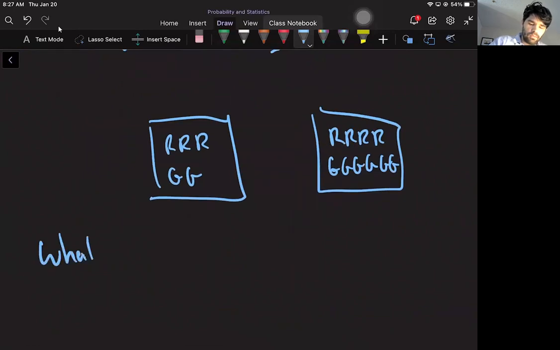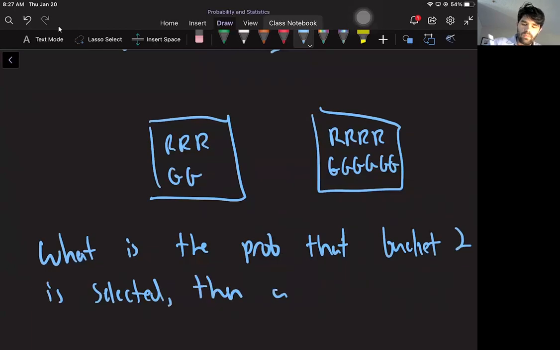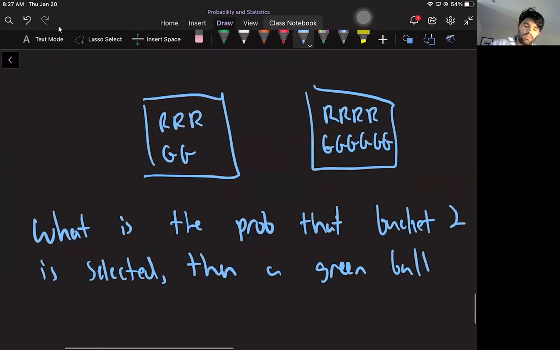What is the probability that bucket 2 is selected, then a green ball is chosen?